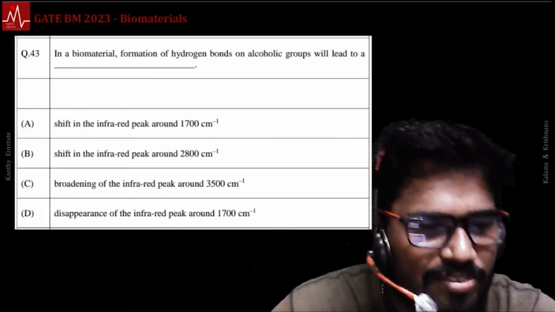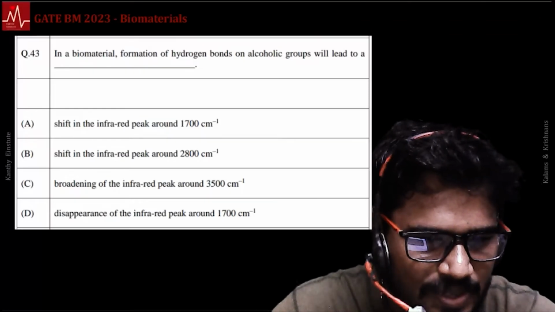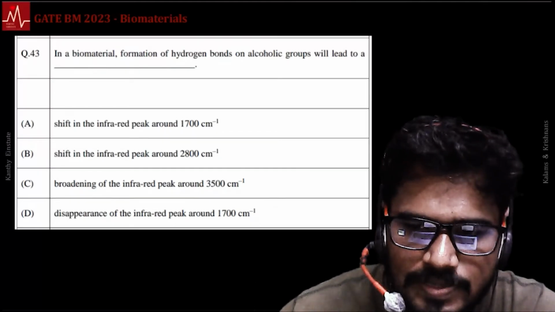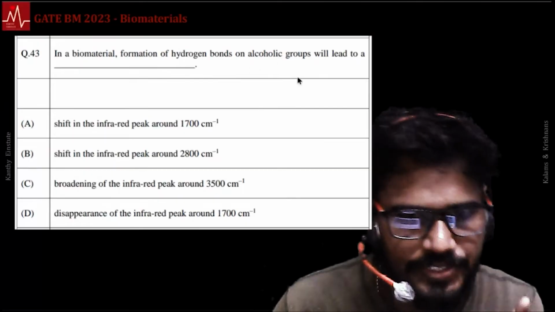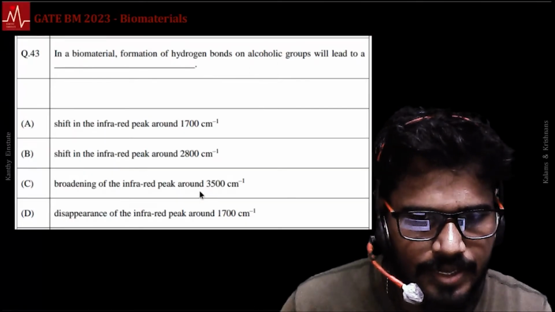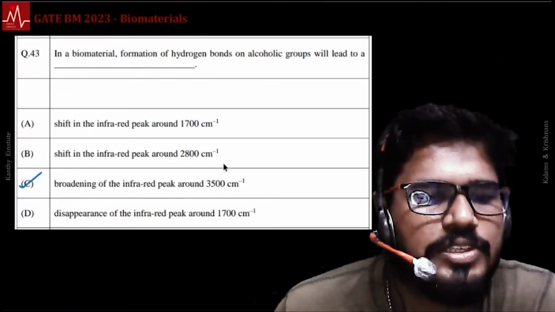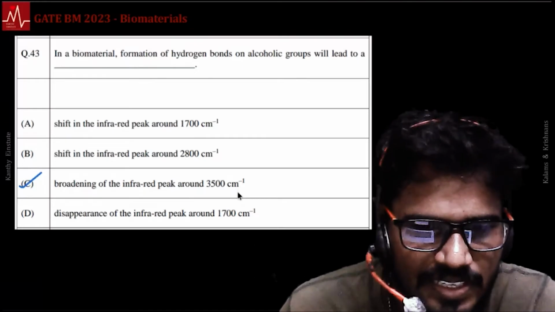If you have that kind of domain specific experience, you are likely to answer this. In this case, the broadening of the IR peak happens. OH alcoholic group oscillations happen at 3,500 centimeter inverse. You could partly do this from recall.